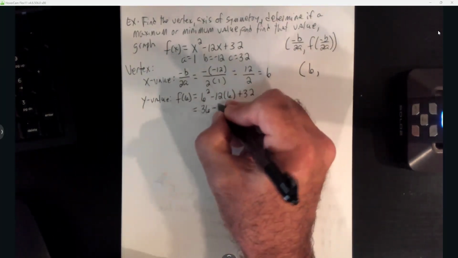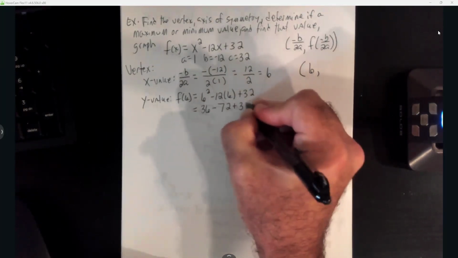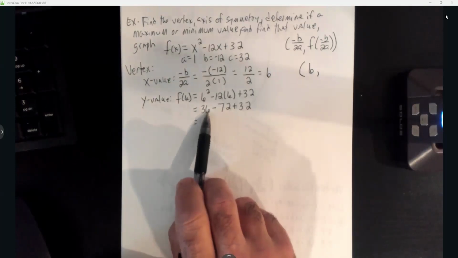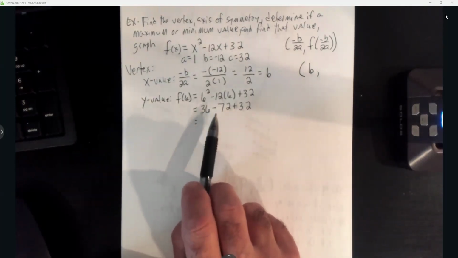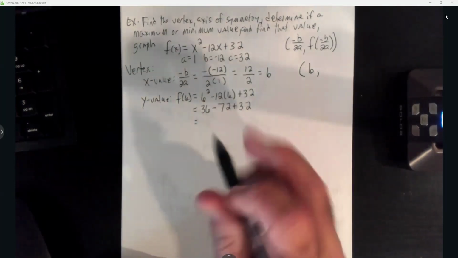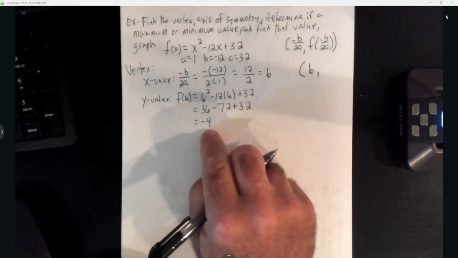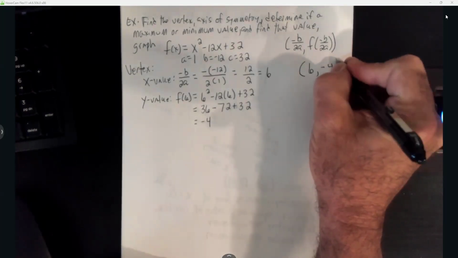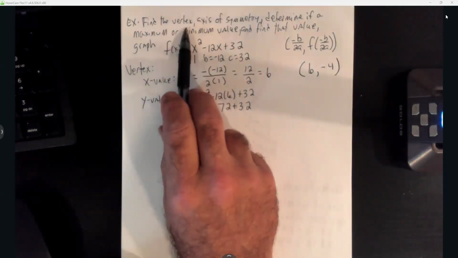Minus 12 times 6 is 72. And then plus 32. 36 minus 72 is negative 36. Negative 36 plus 32 gives us negative 4. So the y value is negative 4.